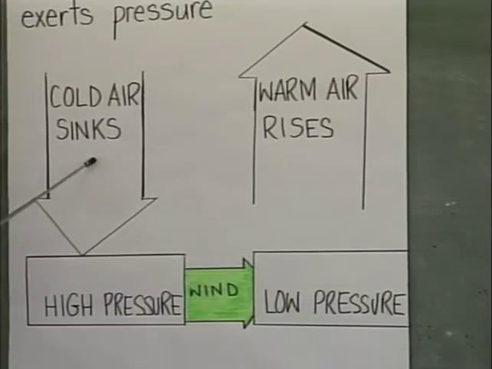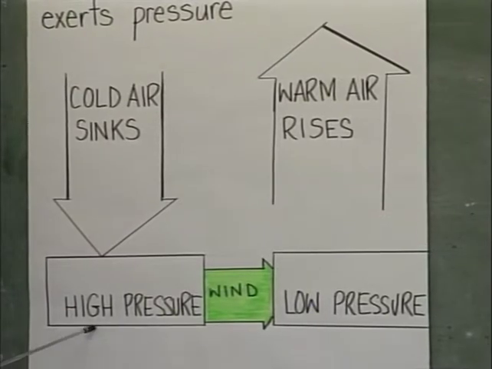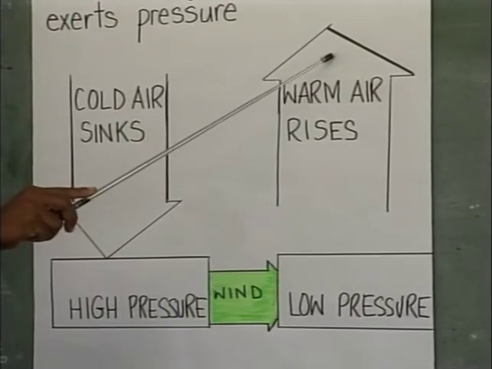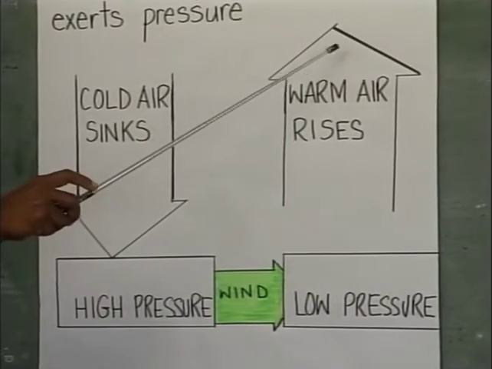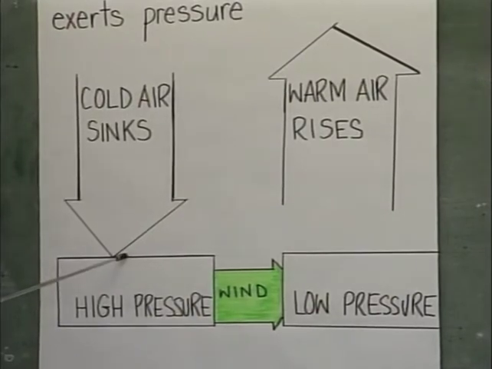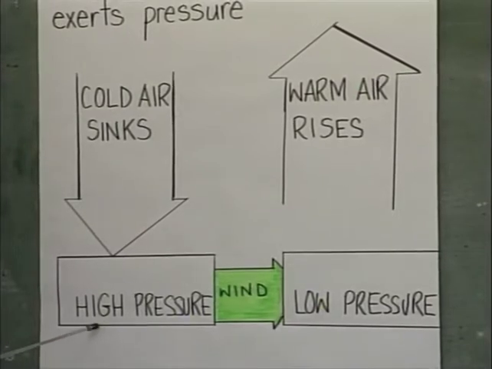Cold air or high pressure is usually associated with dry conditions. By then, the air rises, it cools, expands, forms clouds, it falls. By the time it sinks, it's cool or cold. Therefore, dry conditions are associated with sinking air or high pressure.